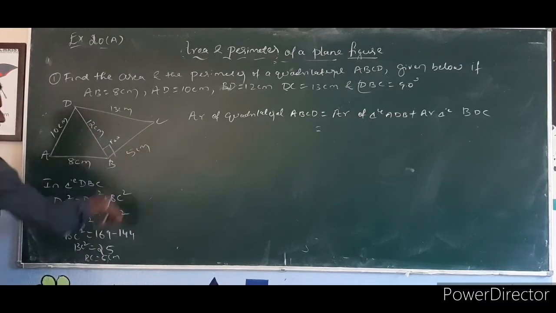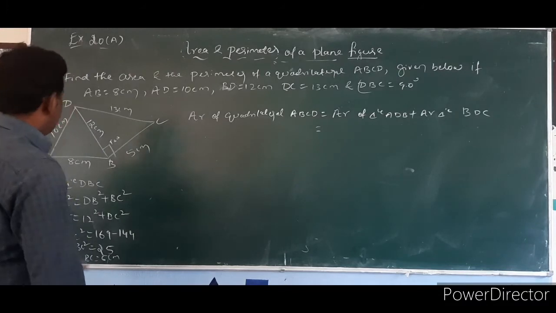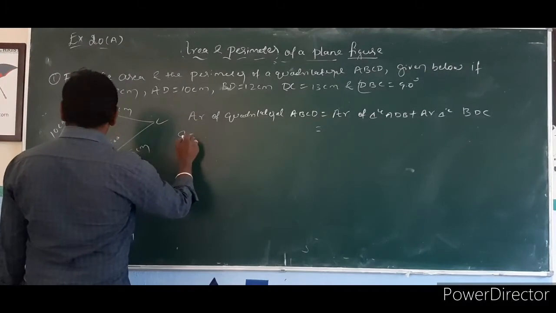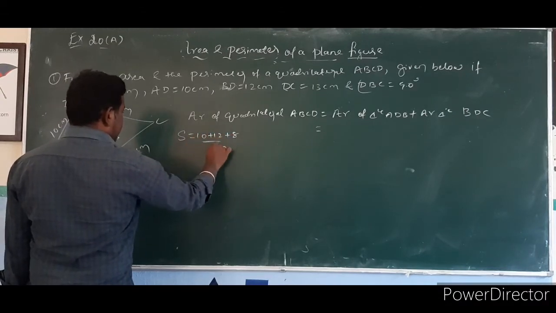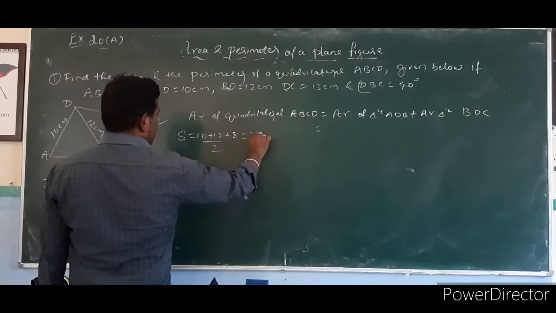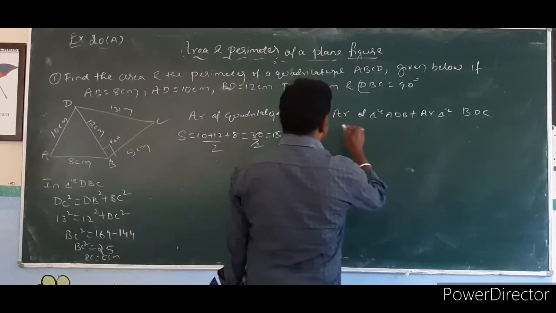Then you can easily find out the answer. So in triangle ADB, S is equal to 10 plus 12 plus 8 divided by 2. That is 30 by 2 is 15.